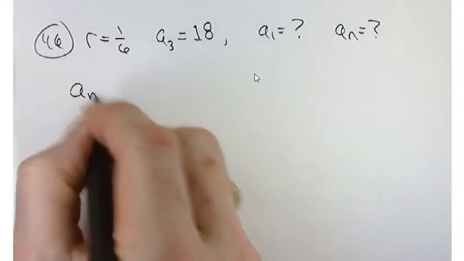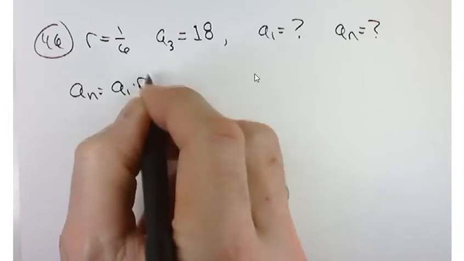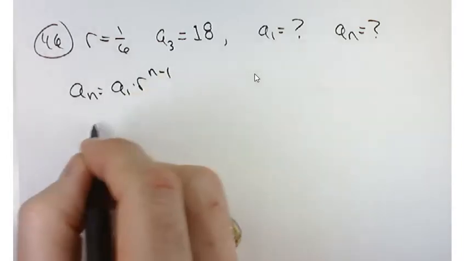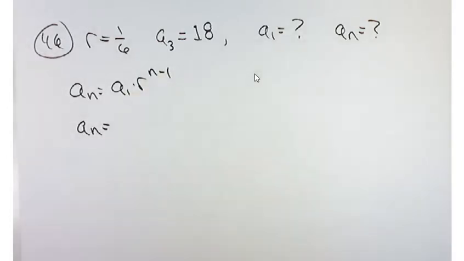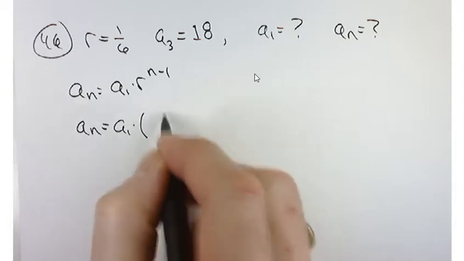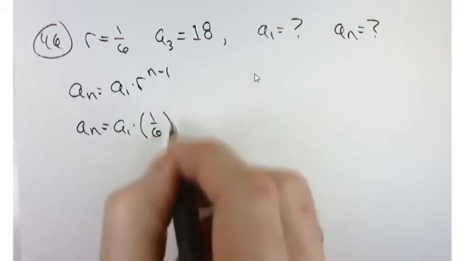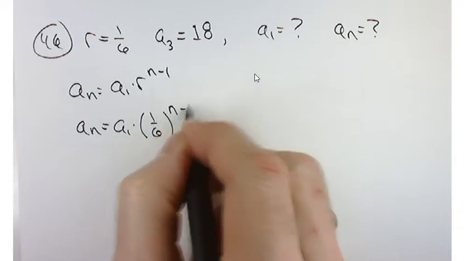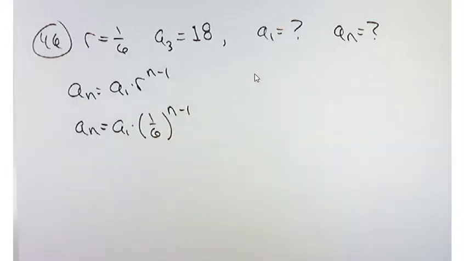Well, the general term to start out with is a sub 1 times r to the n minus 1. But at least in this problem, I can do a little bit better than that. What could I write here at this first step without really doing much thinking? George? Thank you. A sub 1 times 1/6 to the n minus 1. Okay, good.